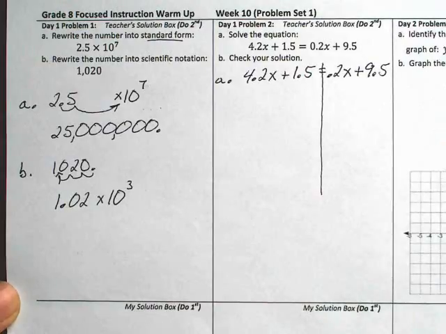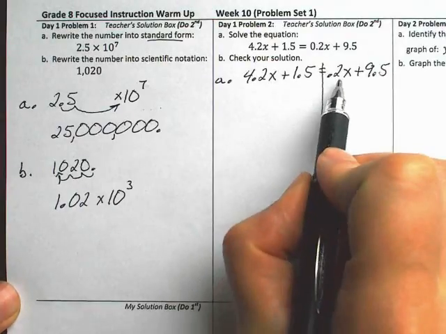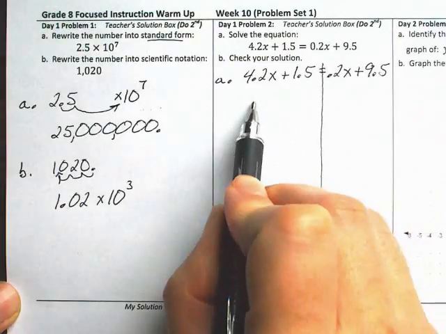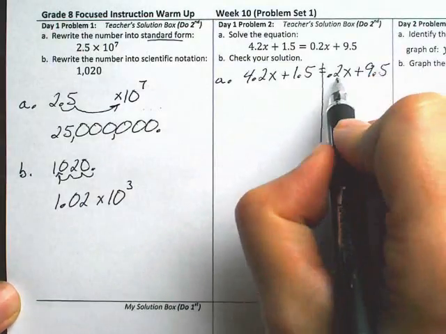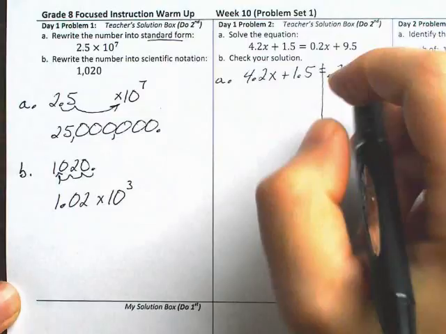And solving the equation means to isolate its variable on one side of the equal sign and put any known numbers to the right of the equal sign. So let's put the variable x on the left side of the equation. We need to remove this x term.